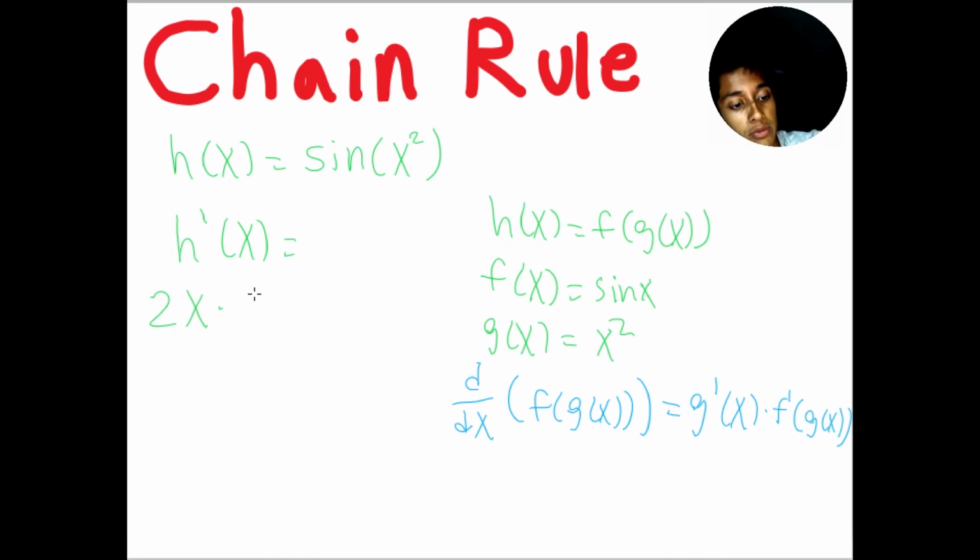So it would be 2x times cosine x, still evaluated at g of x, which is x squared. So it would be 2x times cosine of x squared. So our final answer would be the derivative of sine of x squared is equal to 2x times the cosine of x squared. And that's how you can use the chain rule.